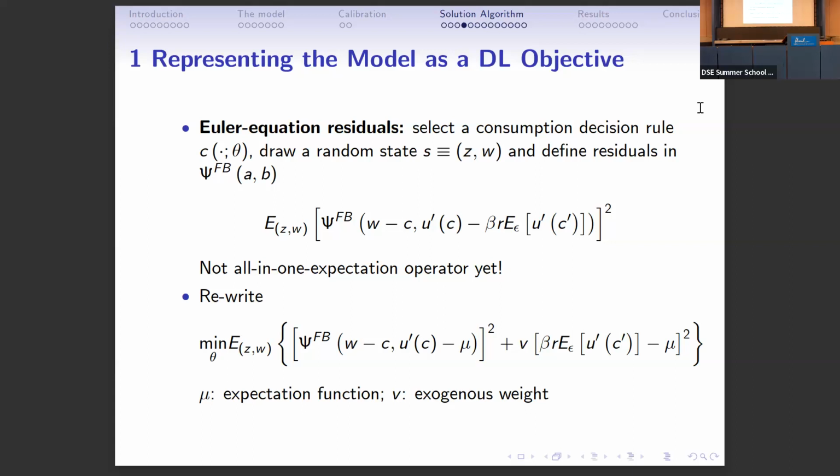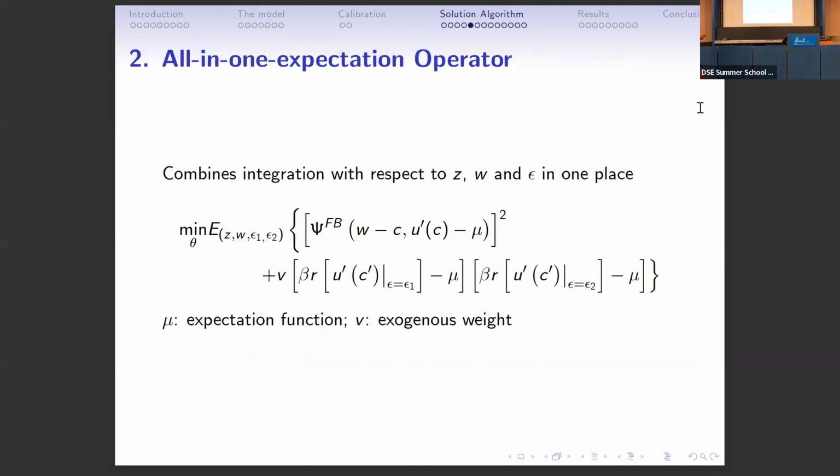For this particular equation, you rewrite the Euler equation by introducing this mu expectation. This term is mu, and then you add a restriction on mu: mu is equal to the expectation.